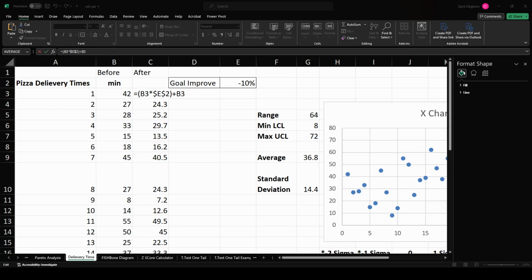Any questions for me as I help you guys build this?